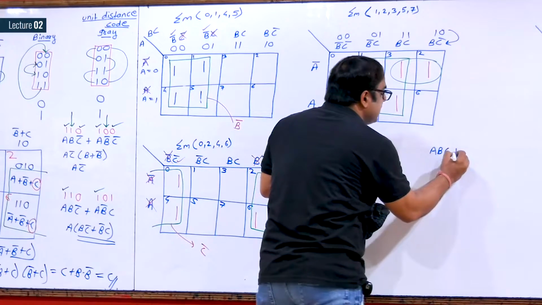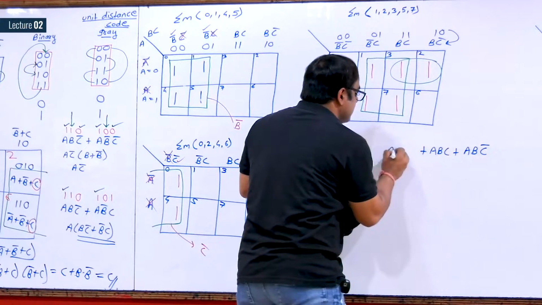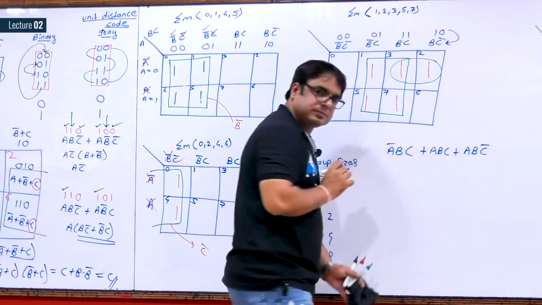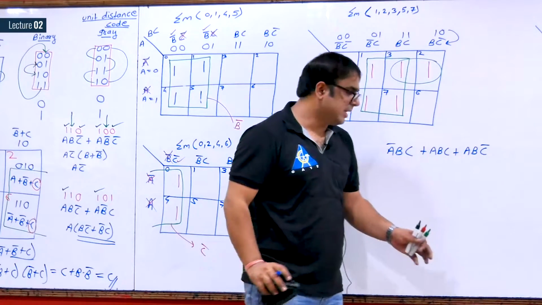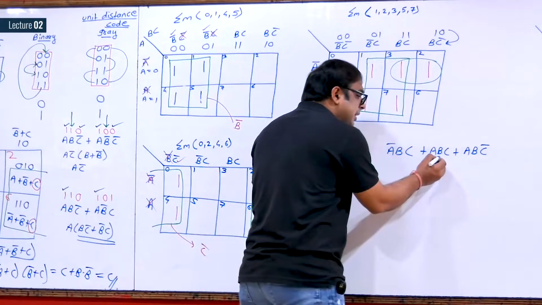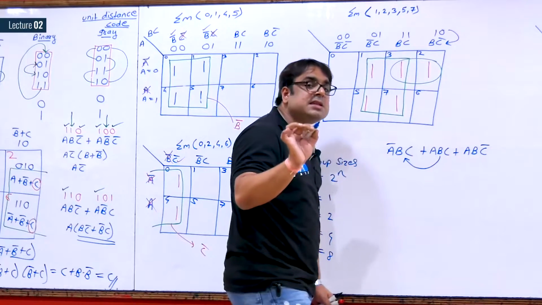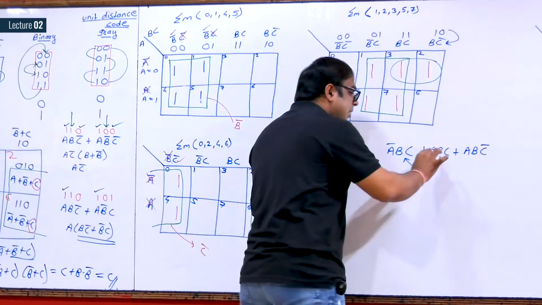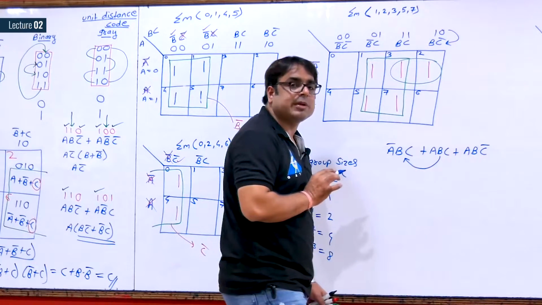Consider the expression ABC plus ABC complement plus A complement BC. Now see the logic. This ABC can be used to minimize this one because BC is common.